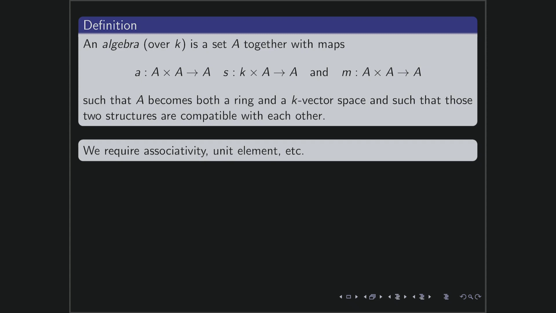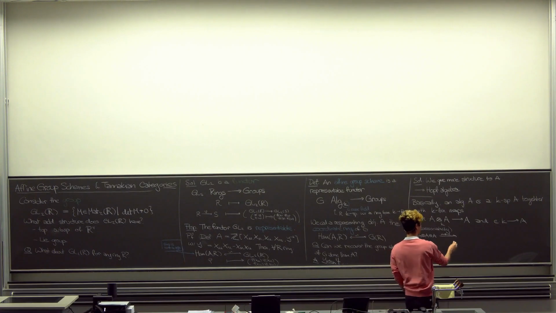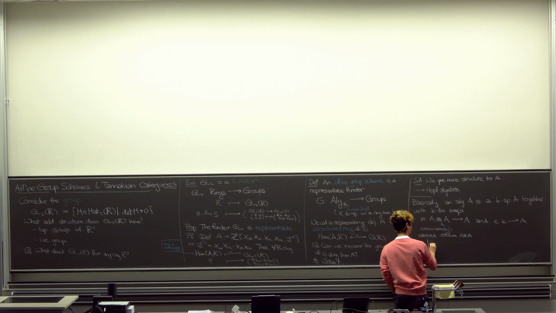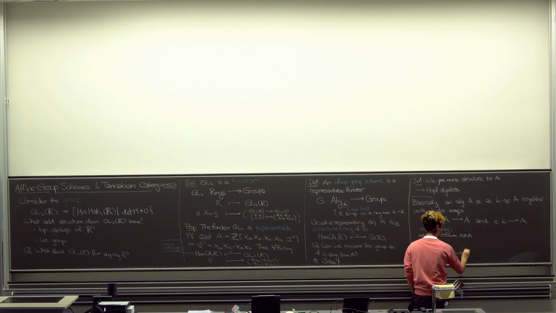So in this case, associativity is just the requirement that this diagram is commutative. Identity: here I say identity tensor M, which goes from A tensor A, where I multiply on the right side, and then I multiply on both sides.